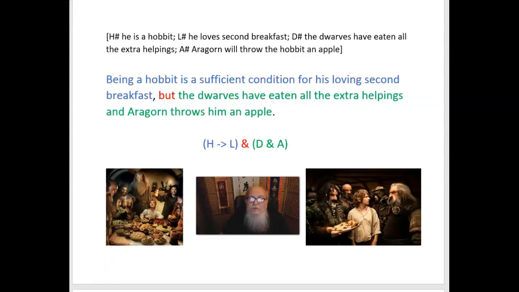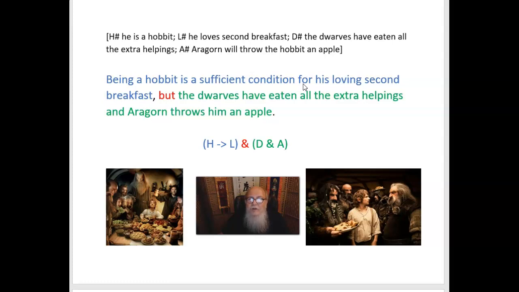Now let's play around with the knowledge we developed from our last class on necessary and sufficient conditions, right? Being a hobbit is a sufficient condition for his loving second breakfast, but the dwarves have eaten all the extra helpings and Aragorn throws him an apple. So we got the comma and we got the but, so there's our major operator. On this side of the major operator, we have being a hobbit is a sufficient condition for his loving second breakfast.